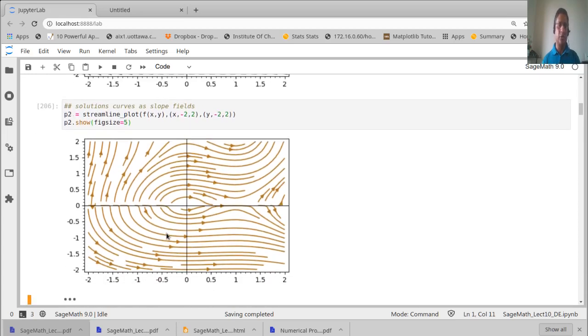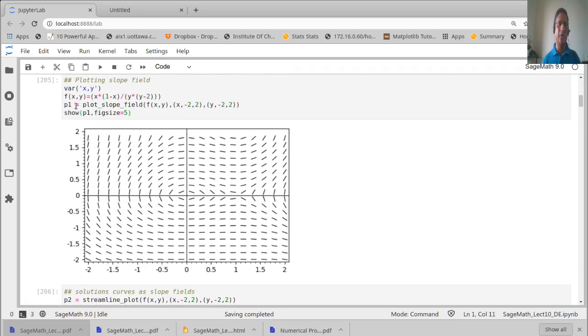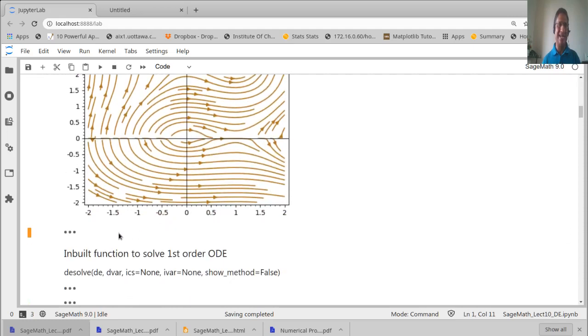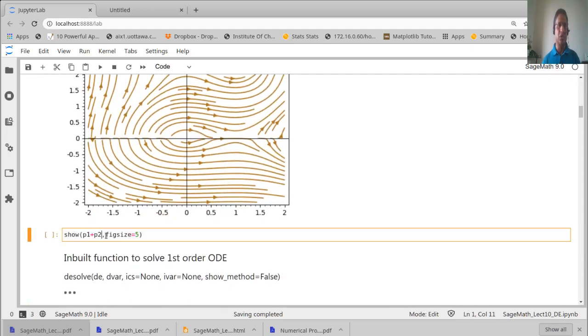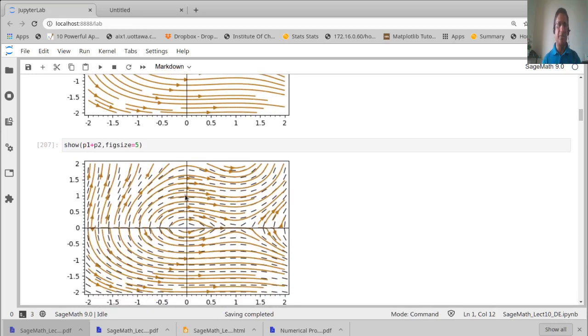You can also try to plot both these things together, that is p2 and p1. Here p1 is the slope field, p2 is the streamline plot. So let us add these two together and ask it to show p1 + p2, figsize equal to 5. You can compare the vector field and the curves. These are the solution curves.